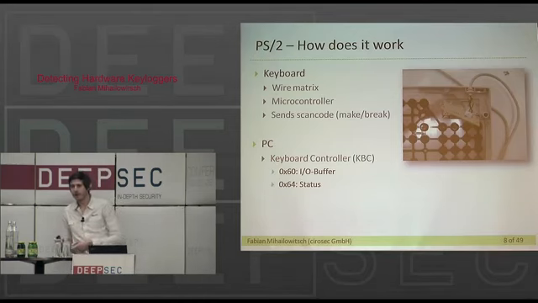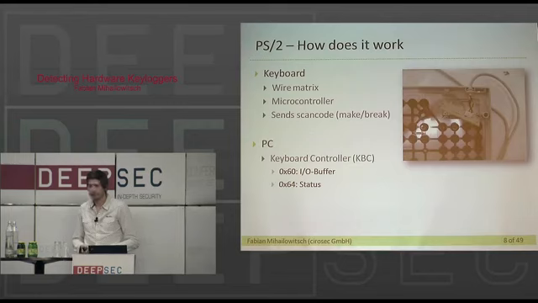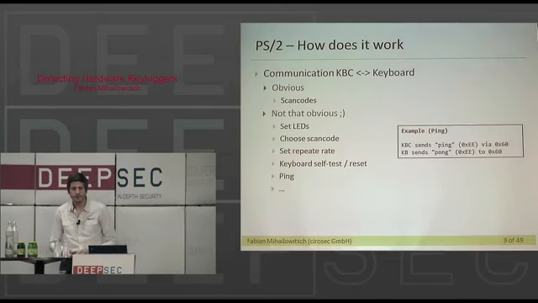On the PC side, you have a keyboard controller that receives all the keystrokes and can be accessed via port 60 in order to retrieve the data, and port 64, which basically is a status port. The obvious communication, of course, is the keyboard sends scan codes to the KBC.